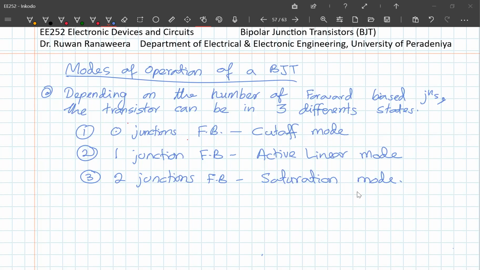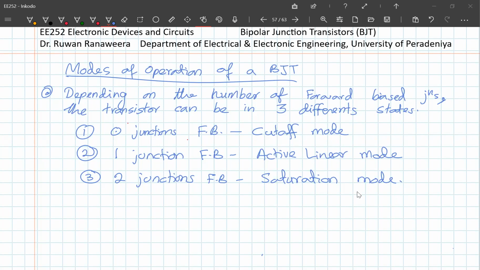Okay? When no junctions are forward biased, both the diodes are considered switched off, so reverse bias. Therefore, no accessible current flows. So we call this the cutoff mode. No current in any of the branches. IB, IC, and IE are all almost zero.